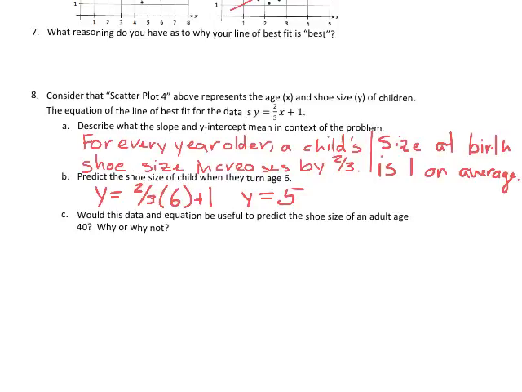If you are only surveying children, it doesn't always make very good sense to extend that out to adults. If you're looking at shoe size over a lifetime, it's probably more like an exponential decay, right? Because it grows real fast when you're young and then it levels off, right? So it might look more like an exponential decay.